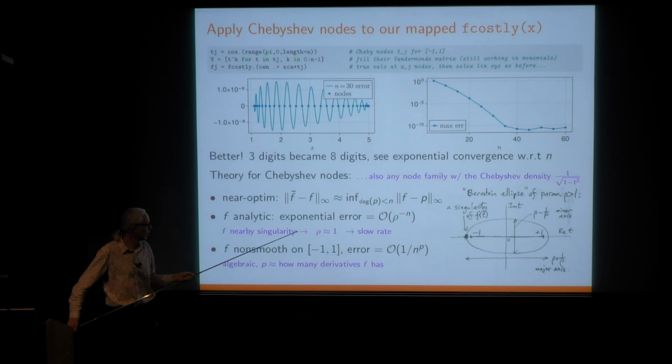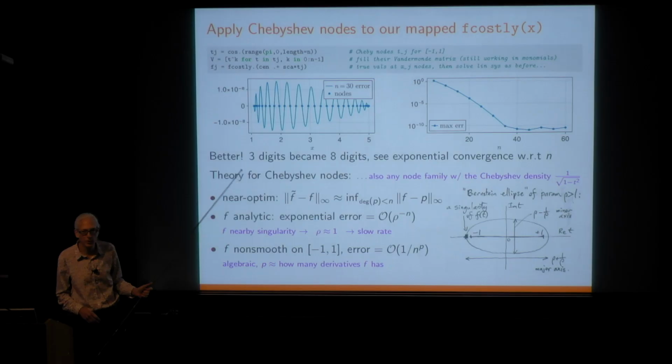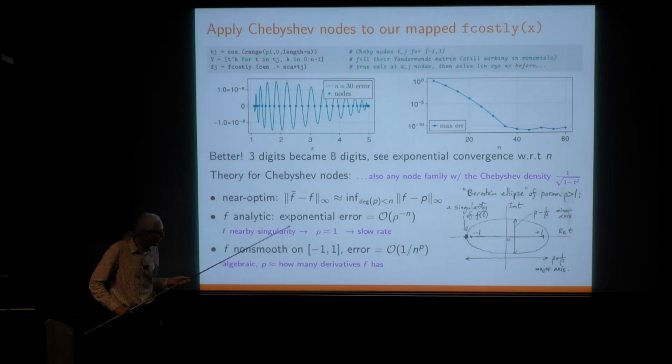That rho then tells you the convergence rate of this interpolation at Chebyshev points. So if f has a nearby singularity, that causes a slow rate.